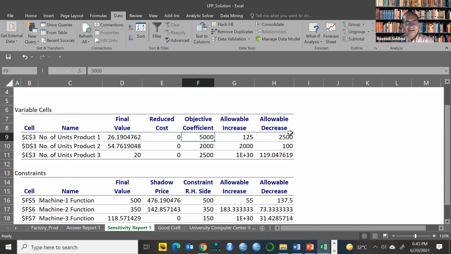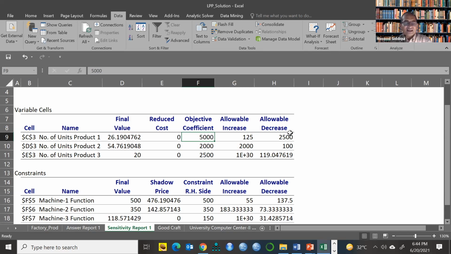Obviously, the business condition or the environmental condition is not stationary. They are dynamic in nature. So it is expected that the profit may increase or decrease, meaning the objective function coefficient, that is C1, can increase or decrease also. So we would try to discuss the range.